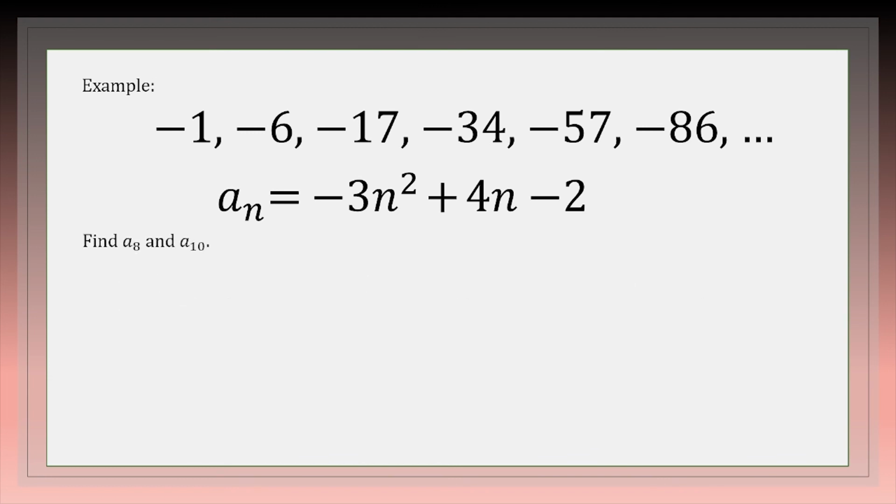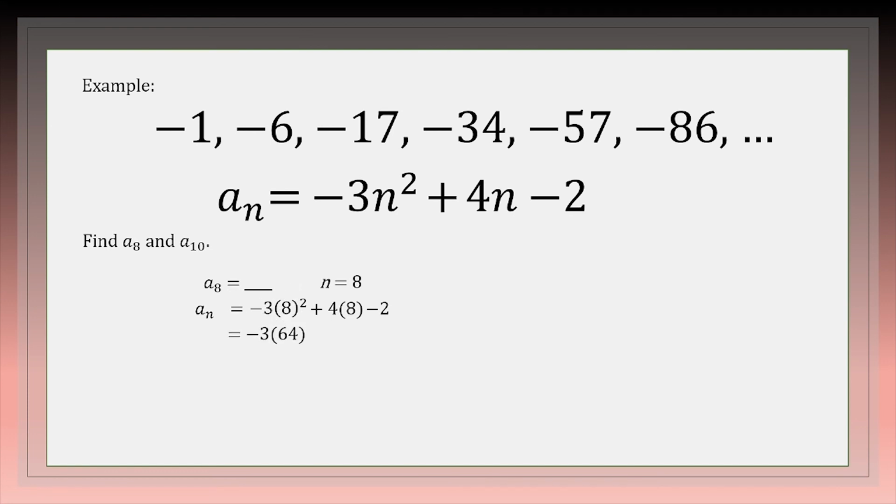Okay, how about if we need to find the value of a sub 8 and a sub 10? So, ganoon lang din. So, ang gagawin natin dito is, ang ating value ng n dito is 8. So, substitution lang tayo. A sub n is equals to negative 3 times 8 squared plus 4 times the value of n is 8 minus 2.